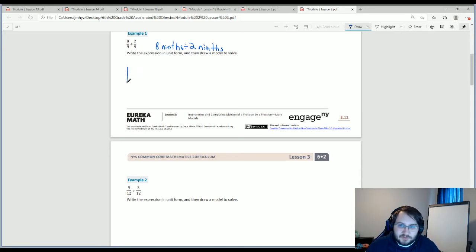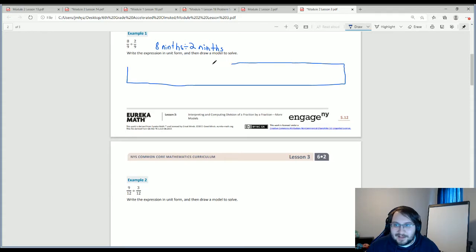So I'm going to draw a long model that's going to represent my one whole. My entire length here is going to represent one whole. And what do I need to split my whole into? I need to split my whole into 9ths. So I'm going to do just that.